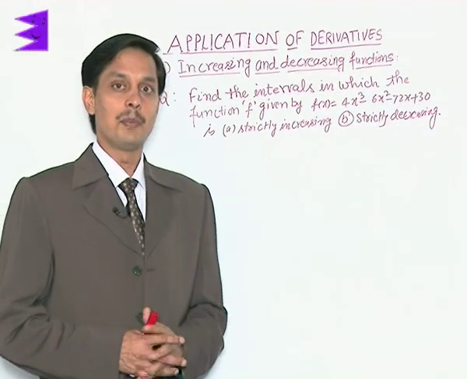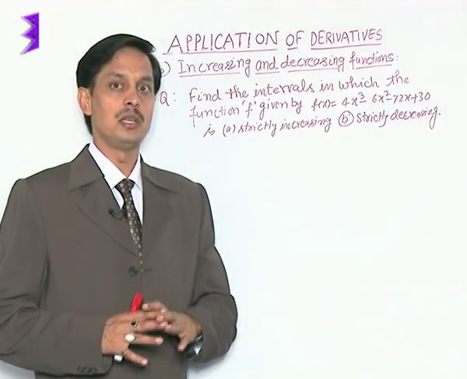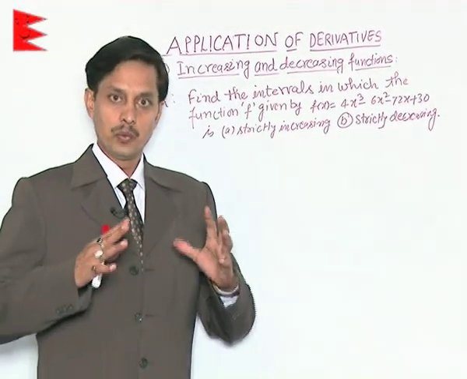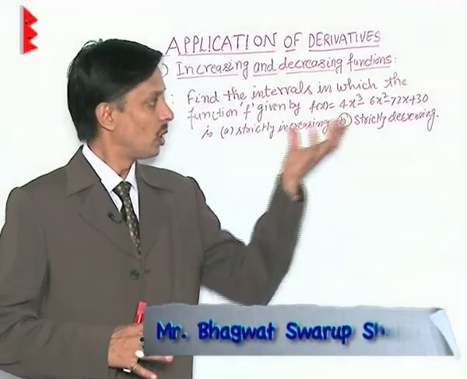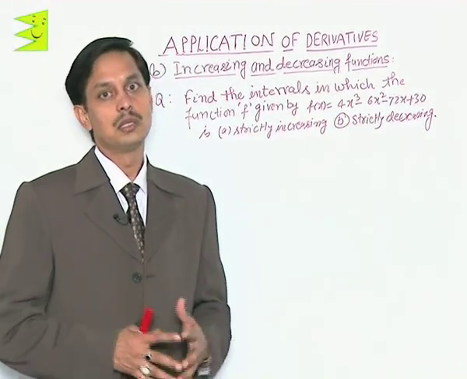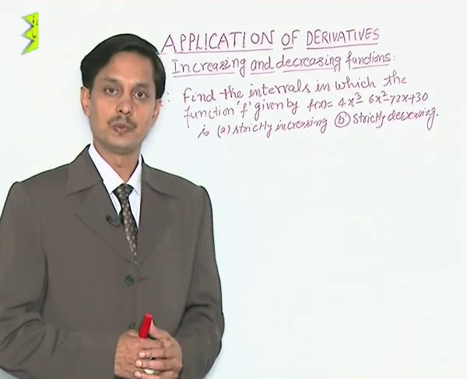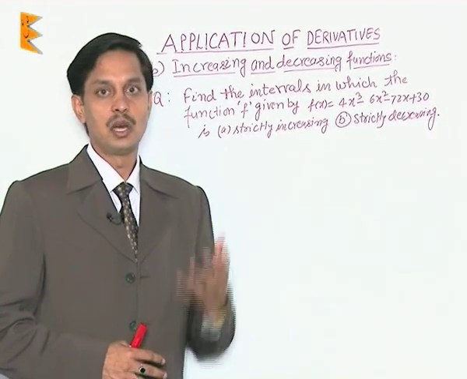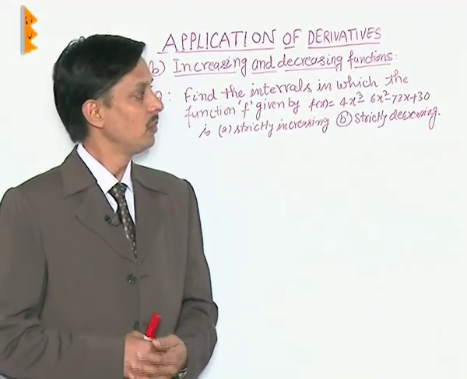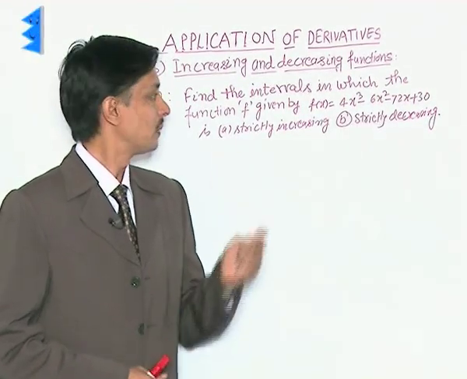Now I am discussing a problem where the function is neither completely increasing nor decreasing. A few parts of the function are in the increasing zone and some parts in the decreasing zone. How to identify, how to trace that interval, that is the aim of discussing this example.